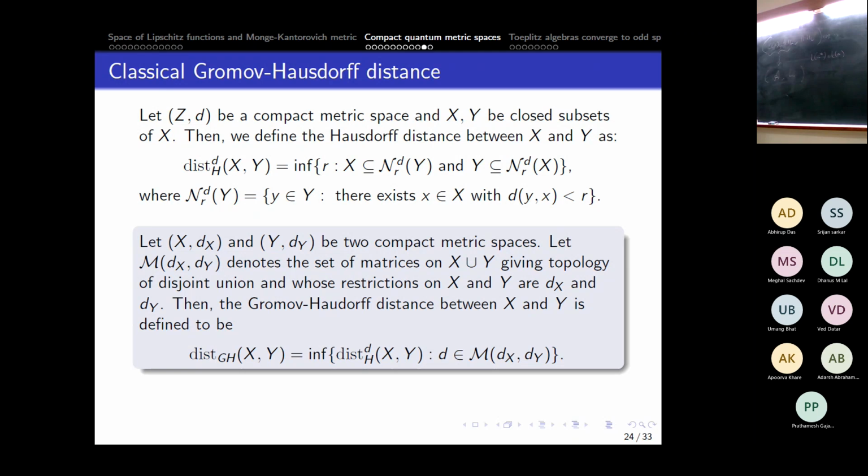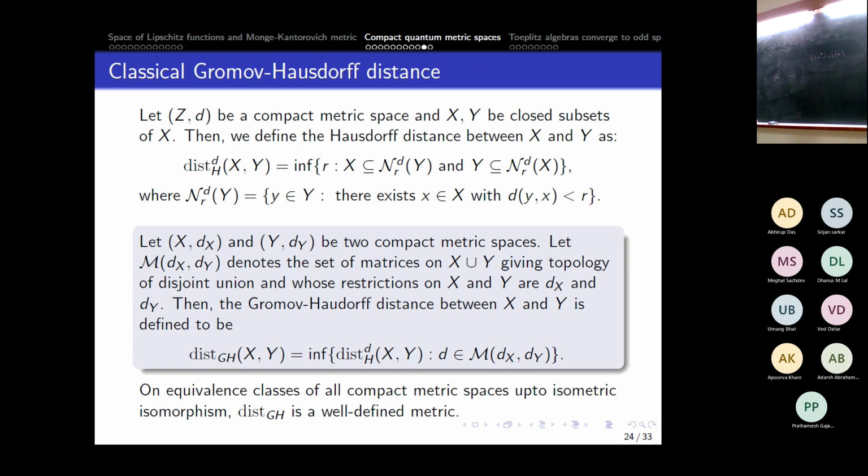We know that the collection of all compact metric spaces is a set, so this is a very well-defined metric up to an equivalence relation. What is the equivalence relation? The Gromov-Hausdorff distance will be 0 if and only if they are isometrically isomorphic. This is the motivation to define something in the non-commutative setting also.